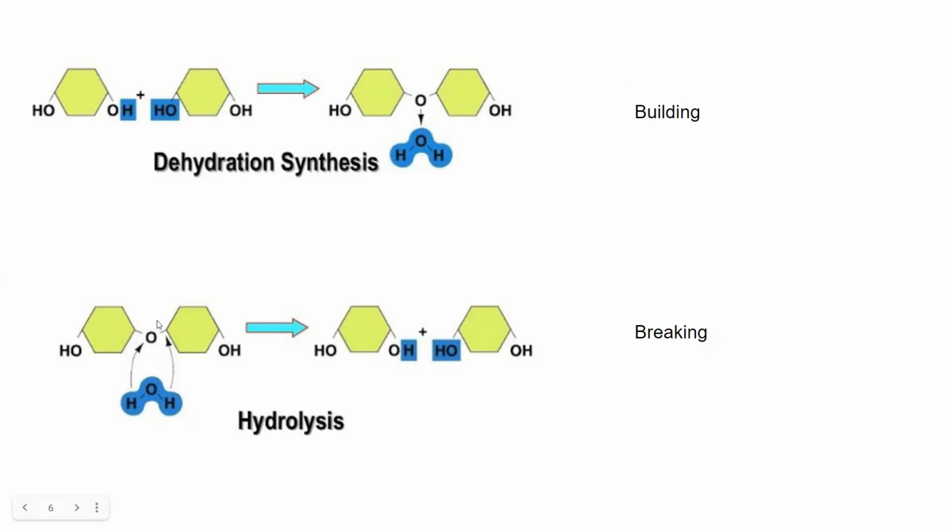When I eat that corned beef and cabbage later today, I'm going to take in the proteins into my body, take in that delicious meat, and the enzymes in my body are going to break it down into its individual amino acid parts. That is hydrolysis, where water is going to come in and separate the monomers into different parts. These are monosaccharide monomers, but it's the same general process where water comes in and breaks things down.